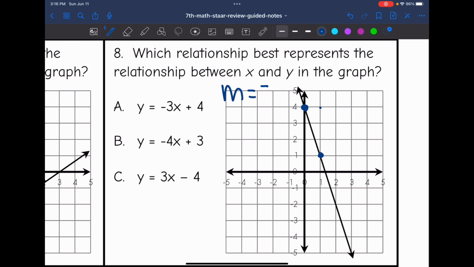And I'm going to count the rise, the change in the y's. It is 1, 2, 3. Over the change in the x's, which is 1. And -3 over 1 simplifies to -3. So it looks like it has to be A. Let's make sure I have that b, y-intercept at +4, which I do since it's intersecting the y-axis there. So the answer to this one is A.